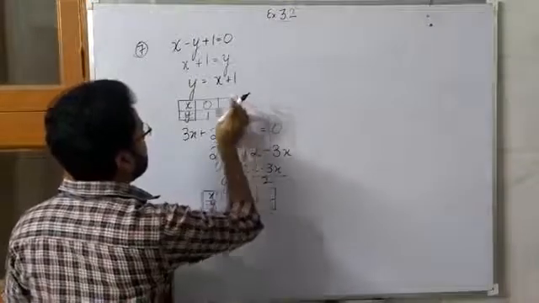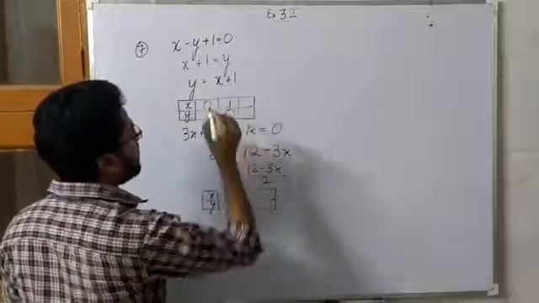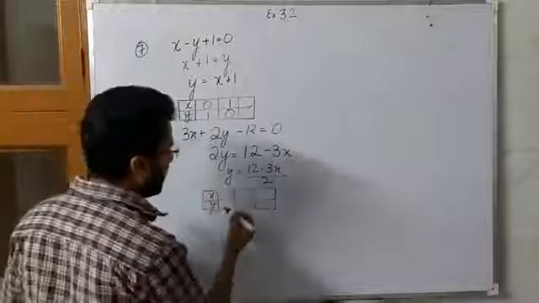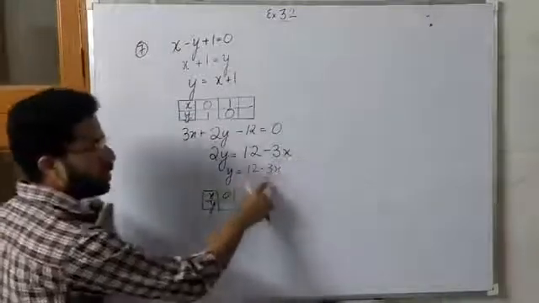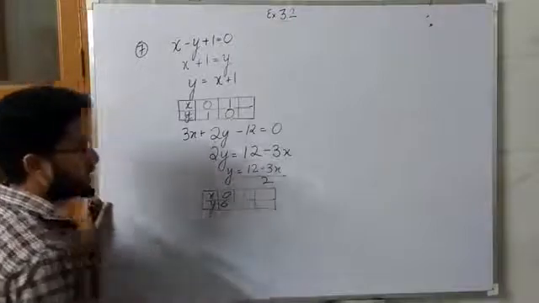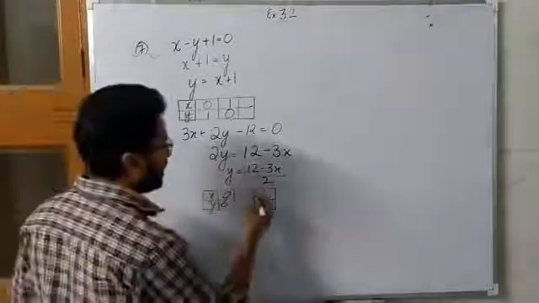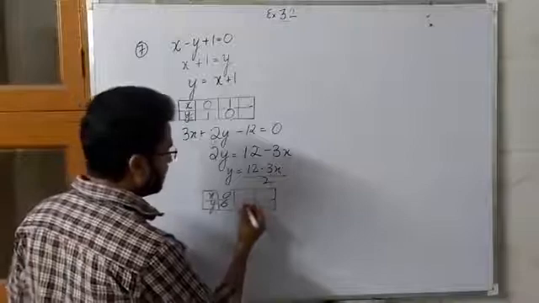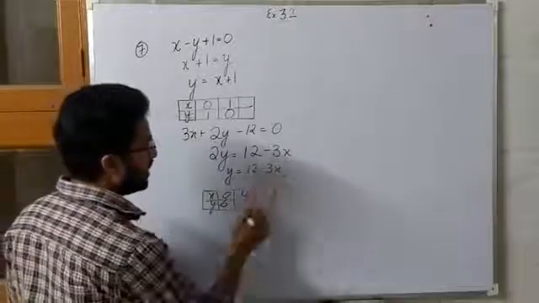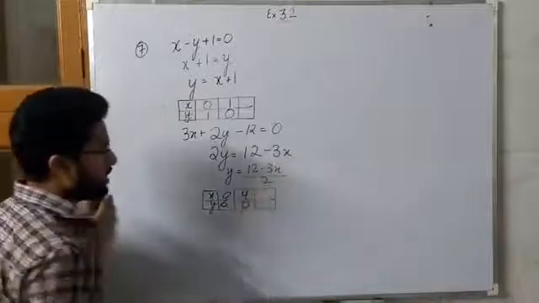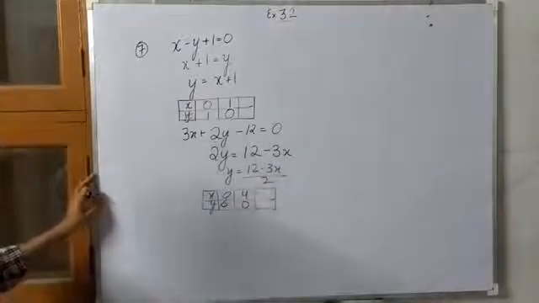Acha, do one thing, just put y equals 0, then x will come 1. And here when you put x equals 0, 3 into 0 and 12 by 2 will give you 6. And when you put x equals 4, this will give you y as 0.